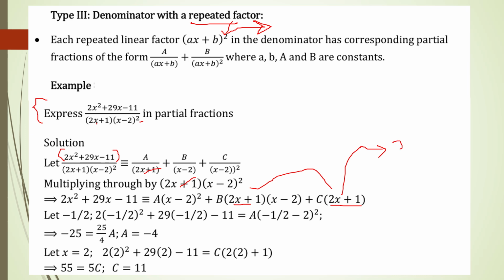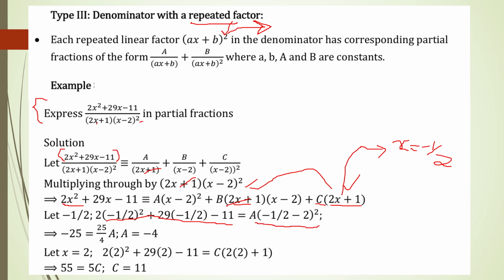And then you find that x is going to be equal to negative a half. So that's what you substitute. That means that if these brackets are going to be 0, B and C are going to be gone, because any number times 0 is going to be 0. So if you substitute negative half this side, you are going to end up with this expression. And since B and C are gone, we only need the expression for A.